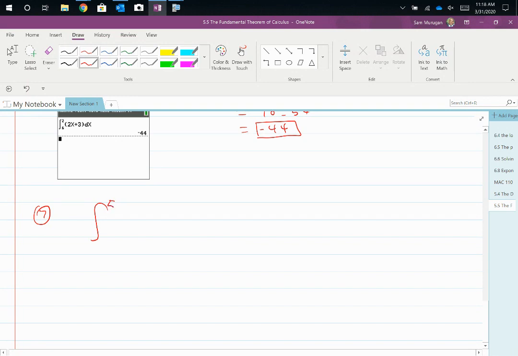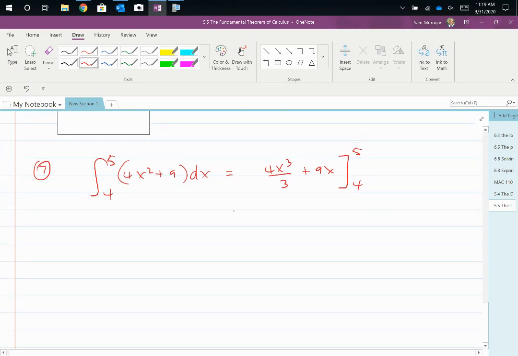Integrating between 3 and 5, 4x squared plus 9 dx is equal to 4x cubed over 3 plus 9x between 5 and 3. I kind of like to do things the old-fashioned way, so I'm going to substitute numbers here.